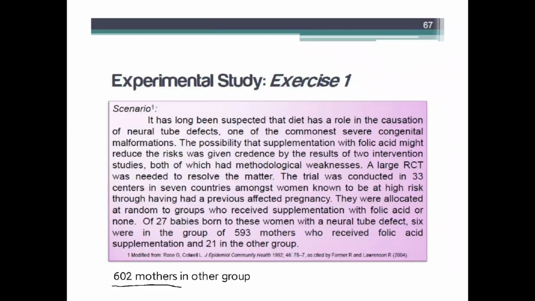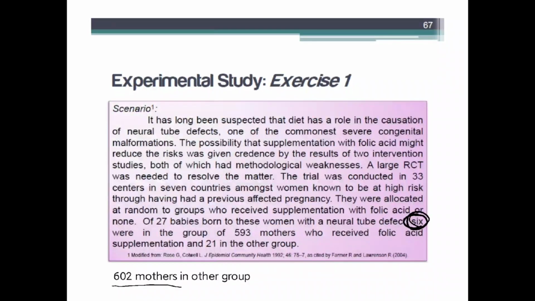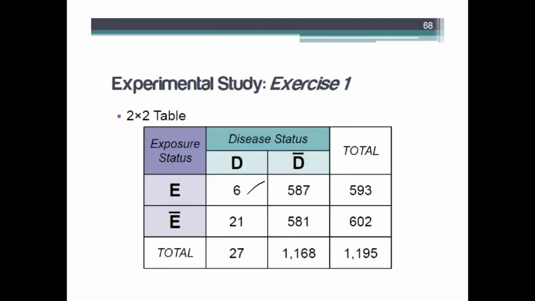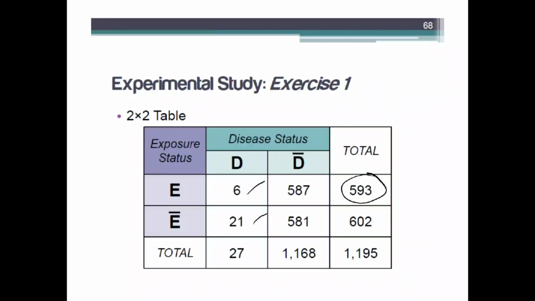Among these women, neural tube defect. Ayan, 6. Tapos yung 21, ayan, 21. Tapos 593, ito yan. And then 602, ito yan. Okay? Tapos syempre, minus mo lang yun. Kuha mo na yan. Okay?